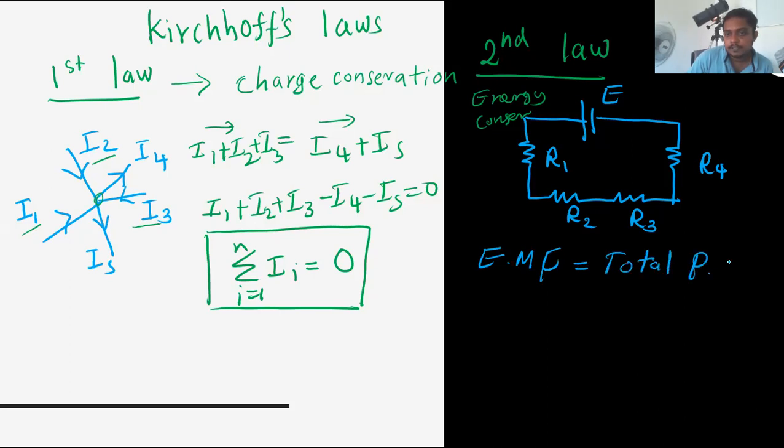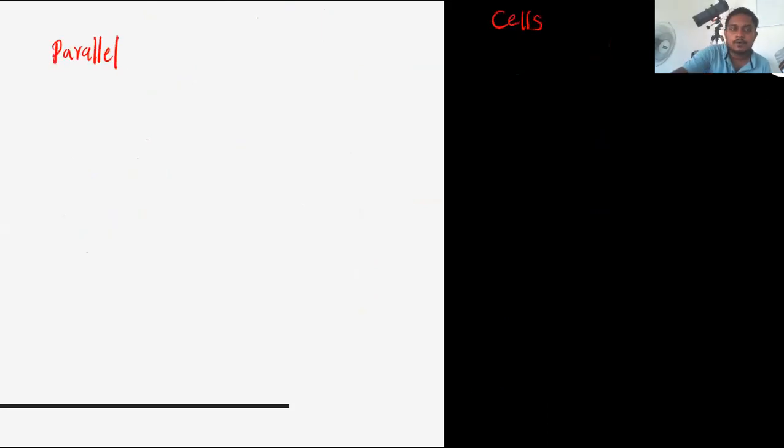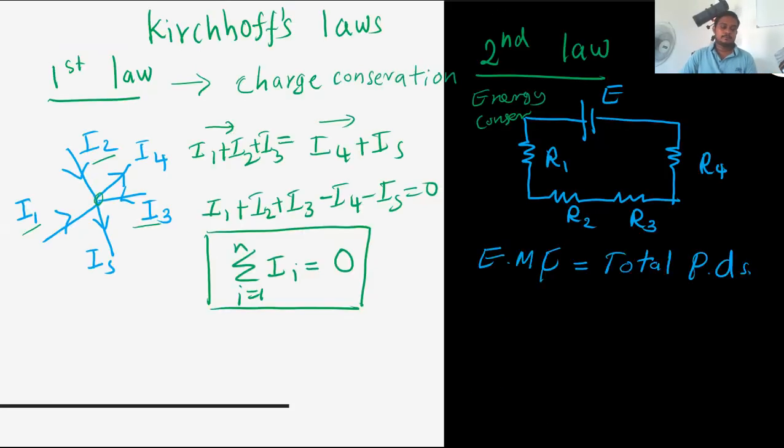And here what we are getting: sigma E on this side, total EMFs, and here we are getting sigma IR. Sigma E and sigma IR.